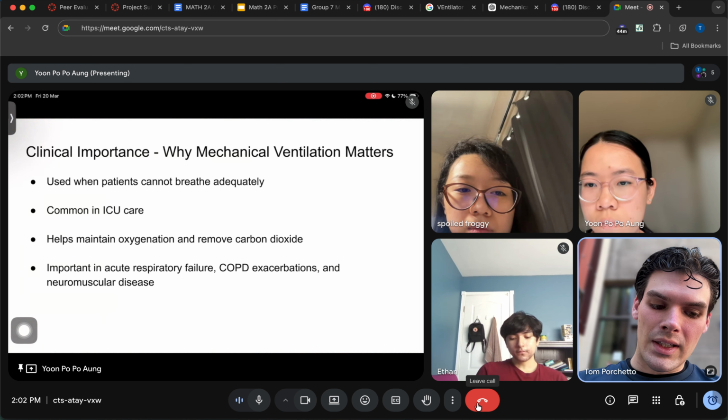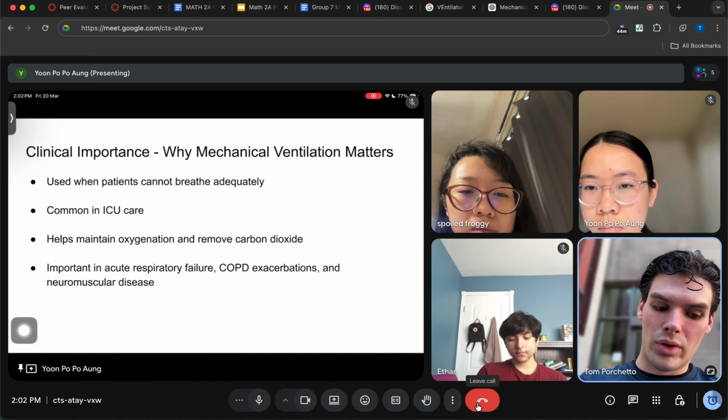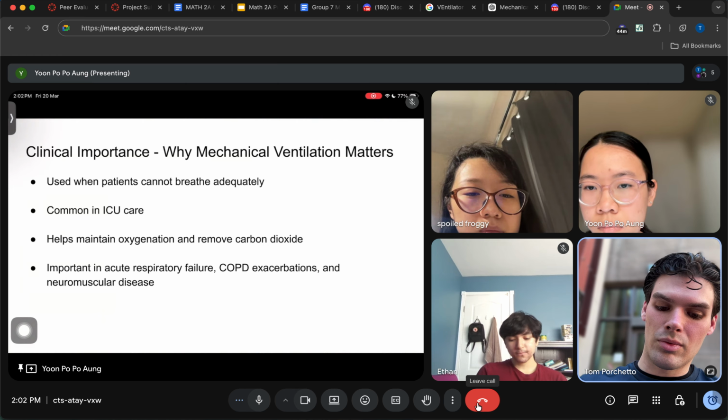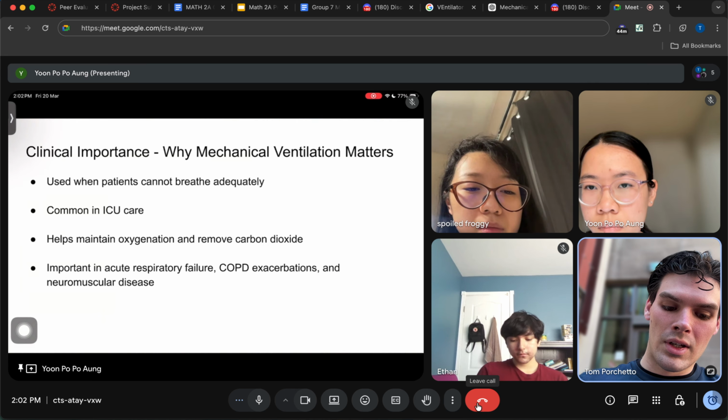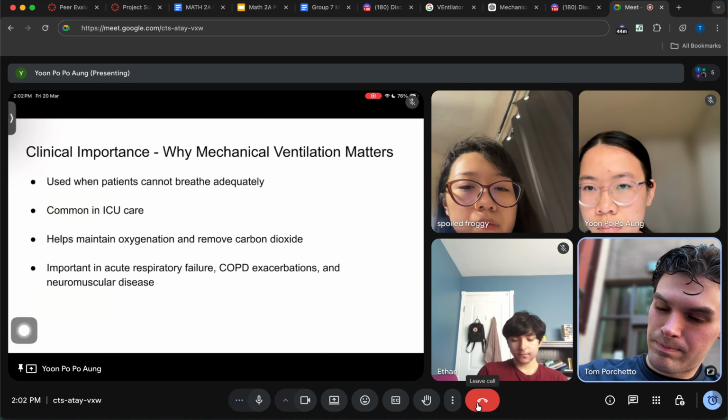In practical terms, the ventilator helps the body continue the two essential functions of respiration: bringing oxygen into the lungs and removing carbon dioxide from the blood.